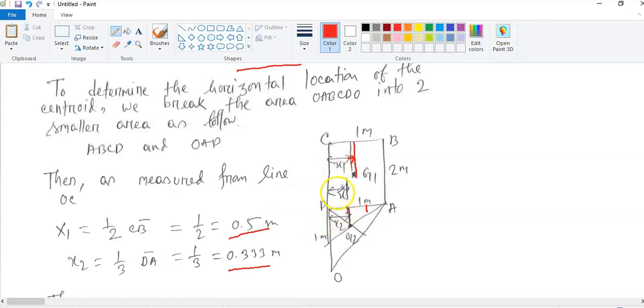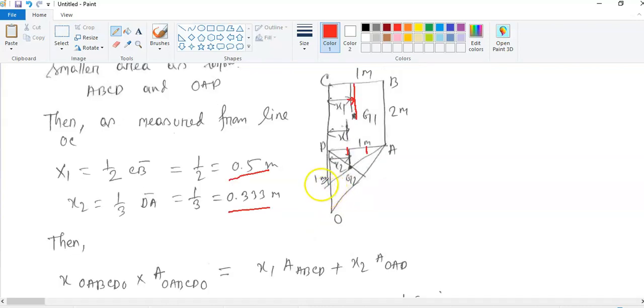We actually need x. So if we need this distance x, we can write it like this: x for this whole domain O, A, B, C, D, O into the area of this domain equals the distance x1 and the area of this plus the x2 and OAD.